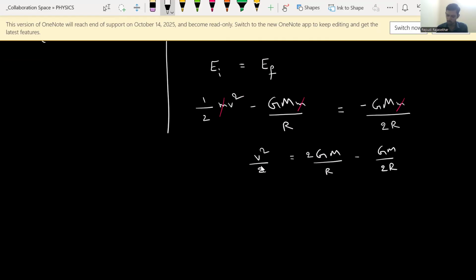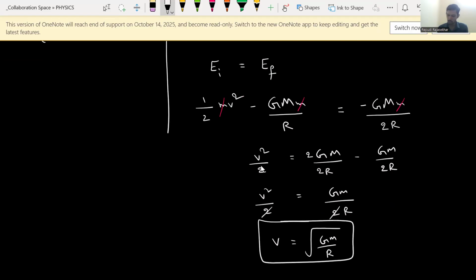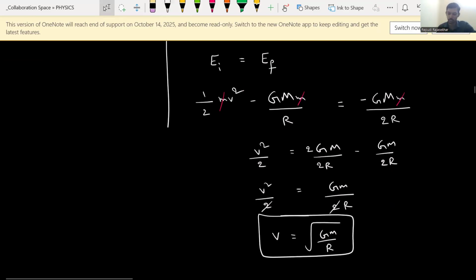I'll multiply this equation with 2, divide with 2. So this becomes v square by 2 equals GM divided by 2R. The 2 gets cancelled. So v equals under root GM divided by R. This is the velocity of the particle. This much velocity we have thrown the given particle.